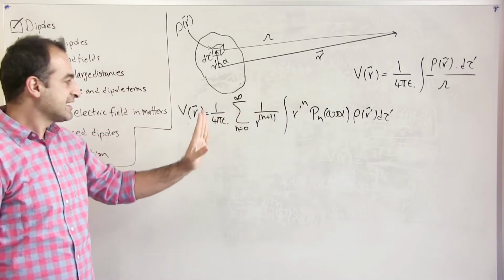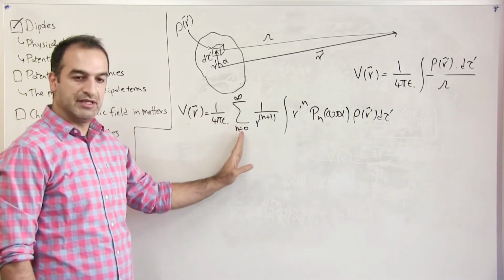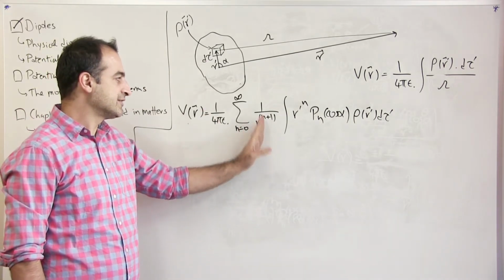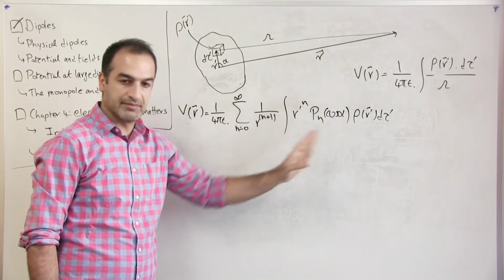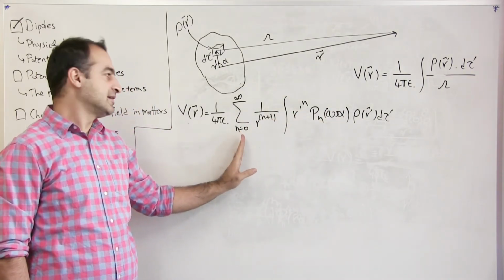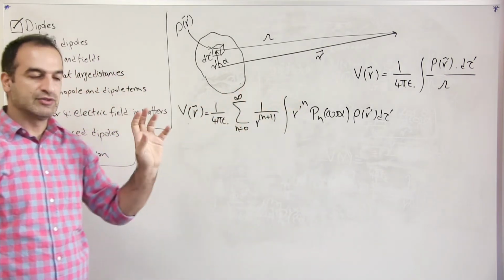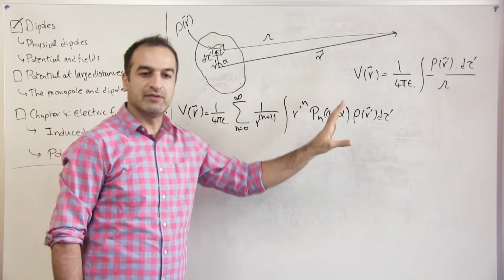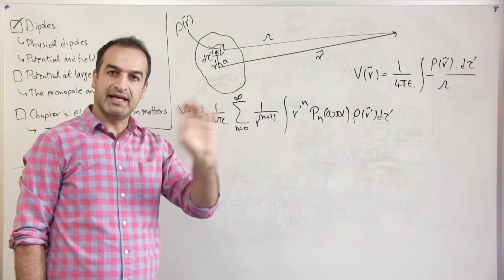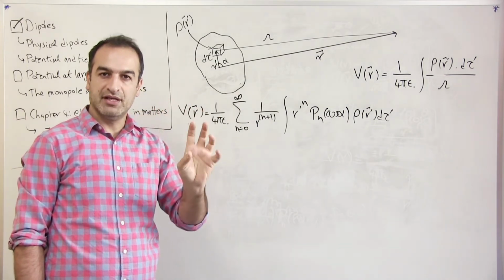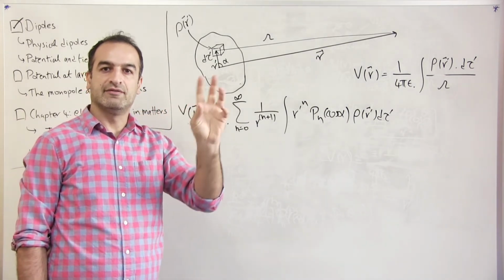As we go over the terms of this summation, the first term is going to give us 1 over r times something, the second term 1 over r squared times something, and so on. So this is what we wanted in terms of expanding the potential in 1 over r terms.